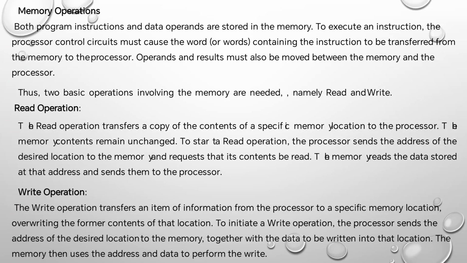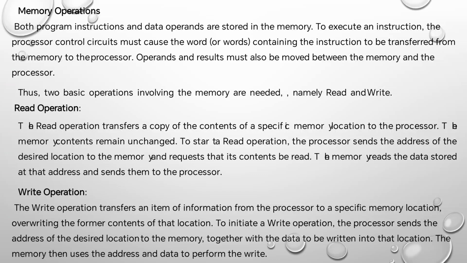Memory operations. Both program instructions and data operands are stored in the memory. To execute an instruction, the processor control unit circuits must cause the word containing the instruction to be transferred from the memory to the processor. Operands and results must also be moved between the memory and the processor. Read operation.